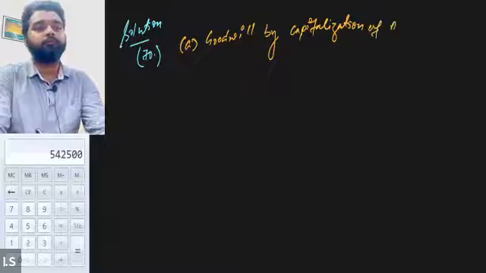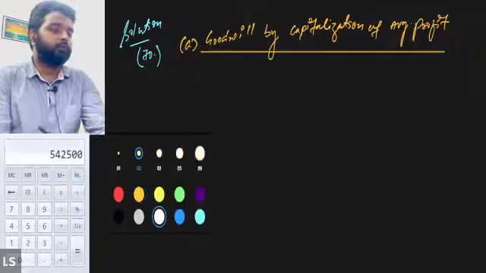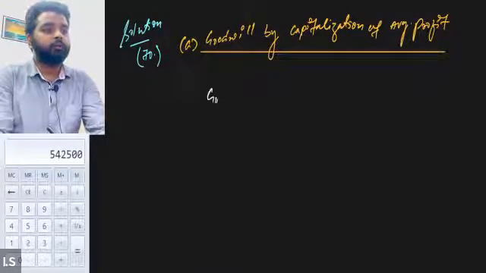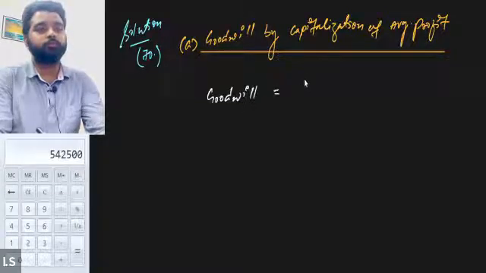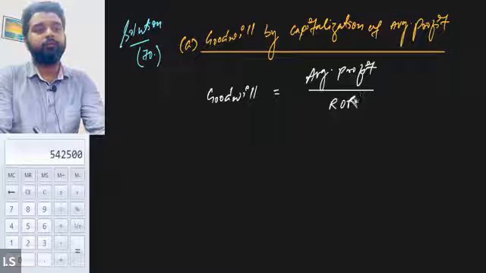All right, so this is the first part of the question. The formula for calculating goodwill by the capitalization of average profit method is goodwill equals average profit divided by the rate of return into 100.